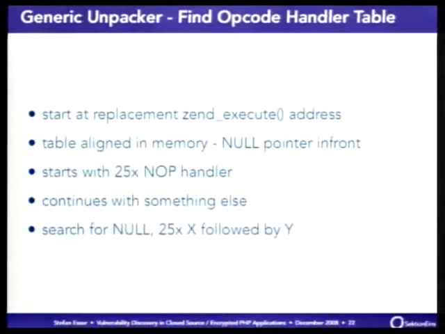So how do I find the opcode table? It's very simple. First, I start at the address of the replacement zend_execute function, because I know this is an address within the code segment of the optimizer or the encrypted loader.